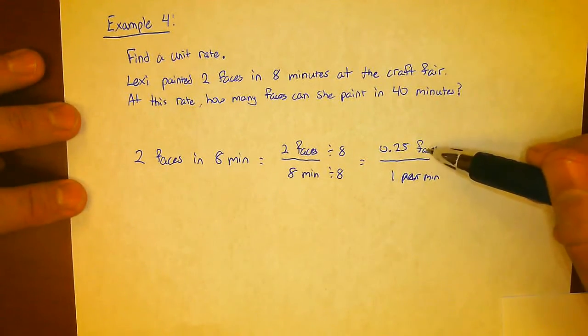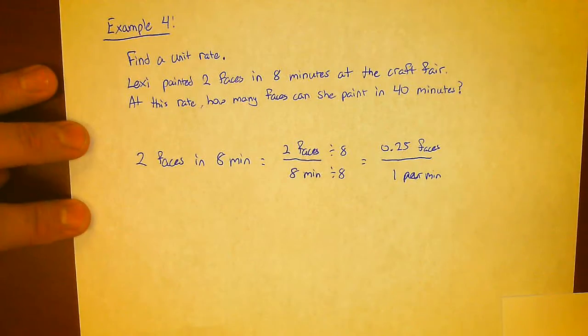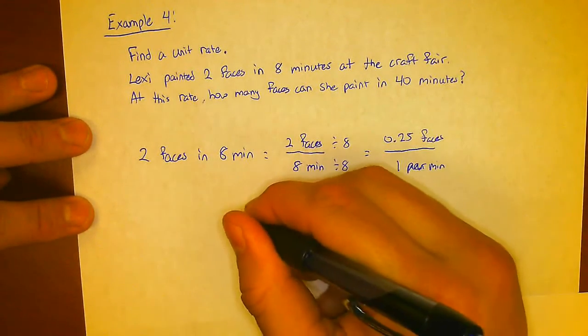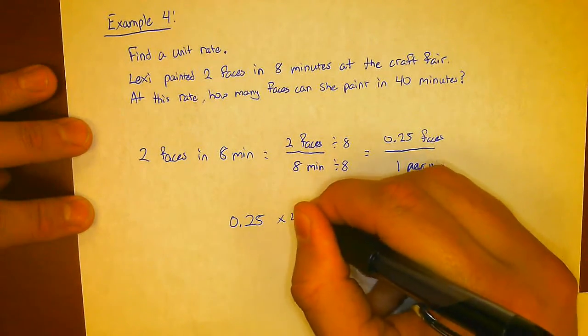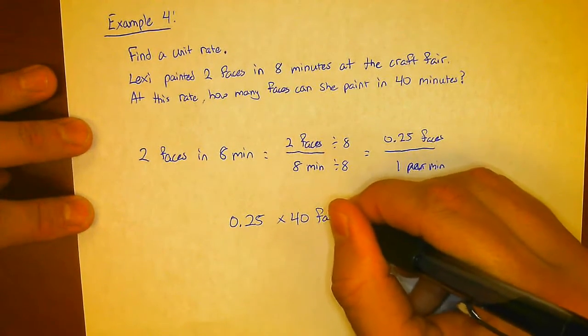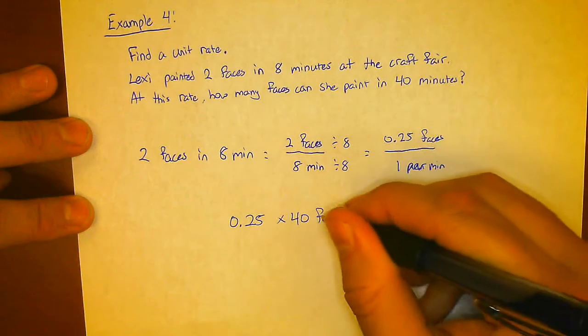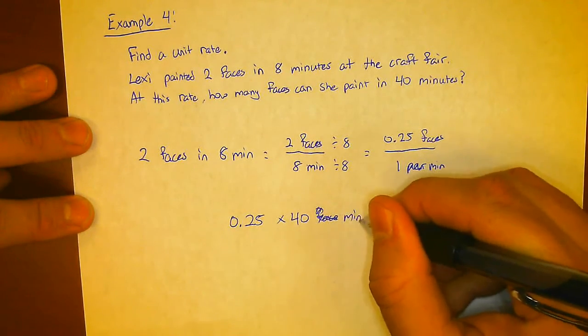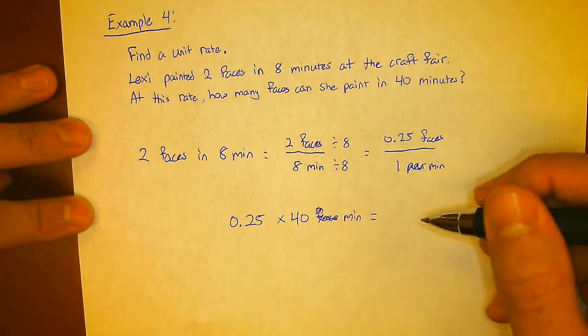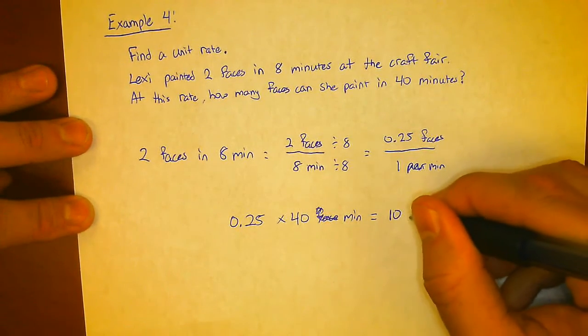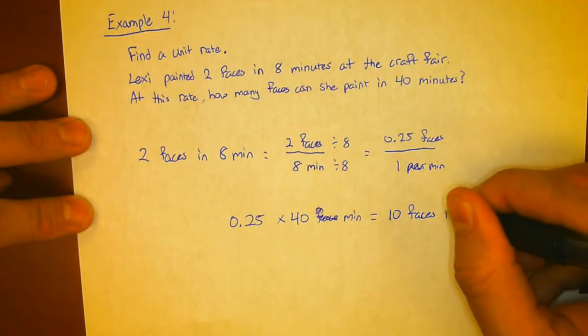So we take our rate, which is 0.25 faces, and multiply it by 40 minutes. And that should give you 10 faces in 40 minutes.